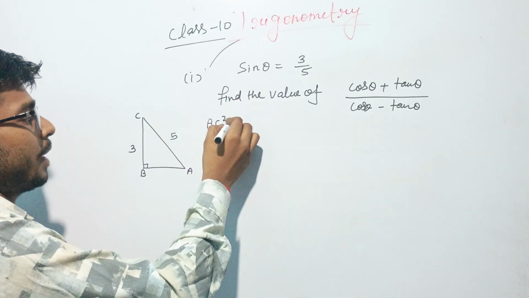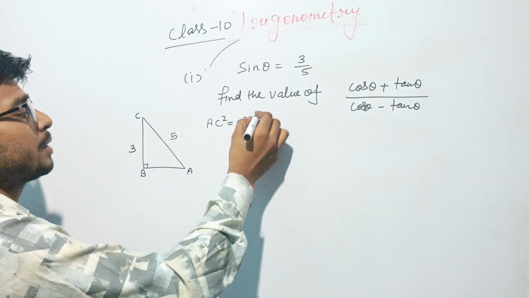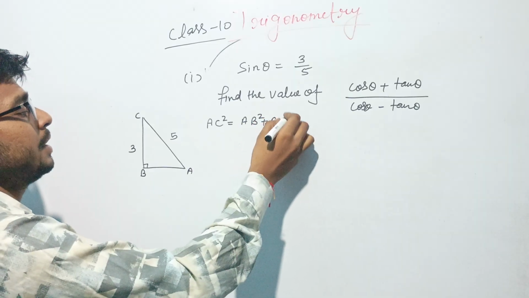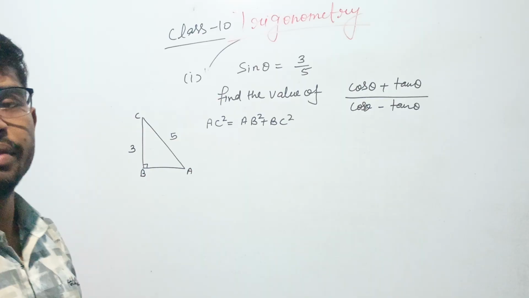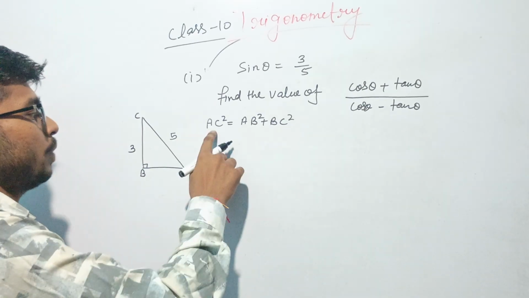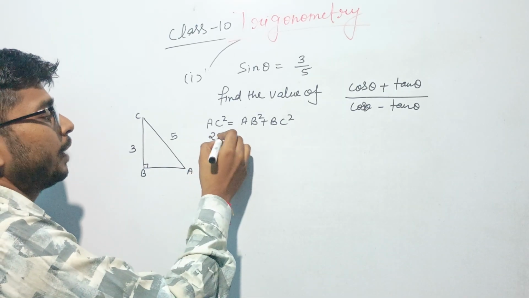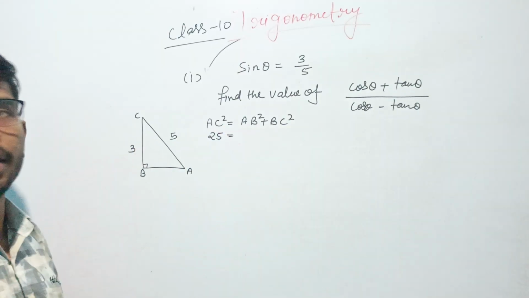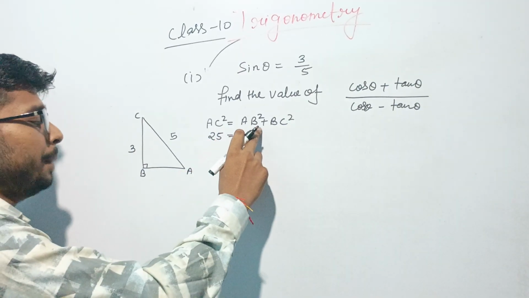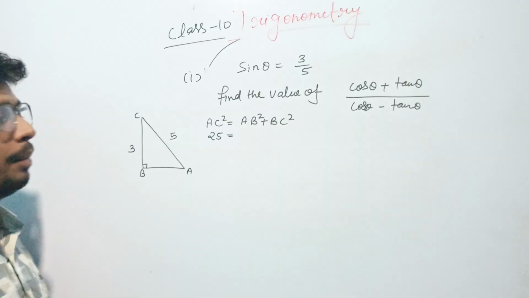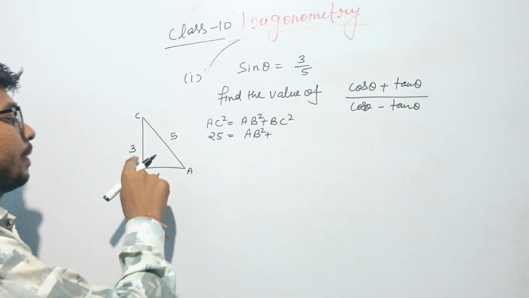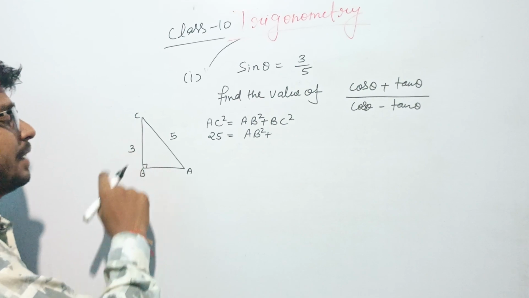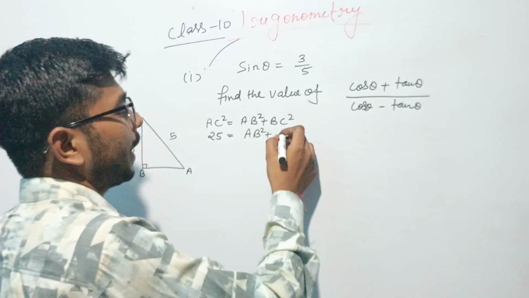So AC square is equal to AB square plus BC square. AC is given 5, so the square of 5 is 25, 5 into 5 is 25. AB we have to find, plus BC is 3, the square of 3 is 9.